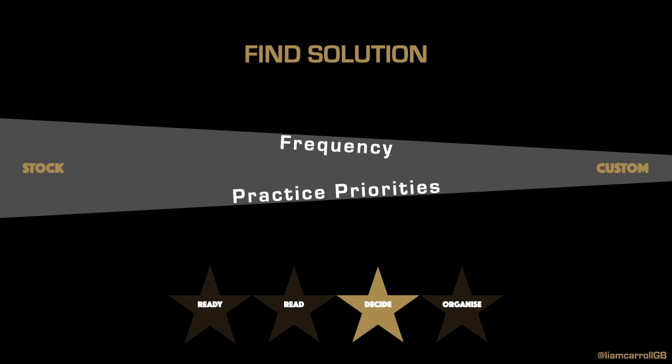Now that we know all of the different plays that we can make, we can look at the solutions to make them. In terms of planning training for our infielders, consider a spectrum of skills and techniques from the most stock or textbook to the most custom. With that knowledge, we can consider the frequency I've already referenced and determine our practice priorities.